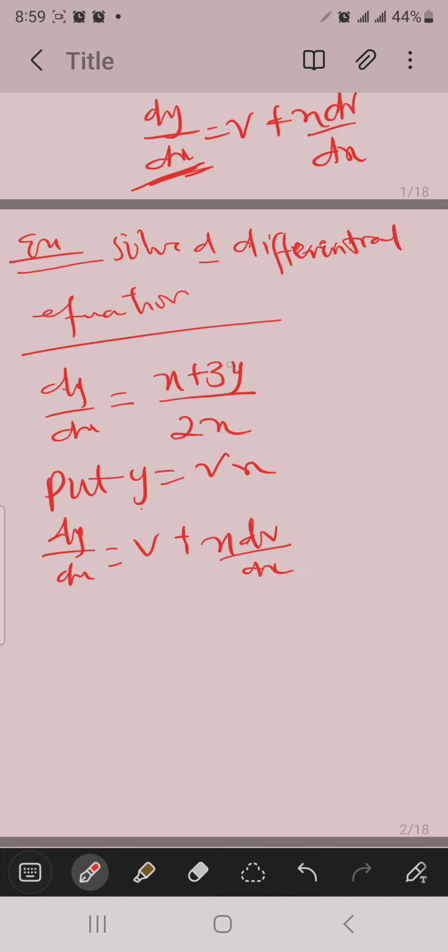So the moment we do this, dy/dx will be (x plus 3 times vx) over 2x. That's what this means. The reason is that we already said we should put vx in place of y.